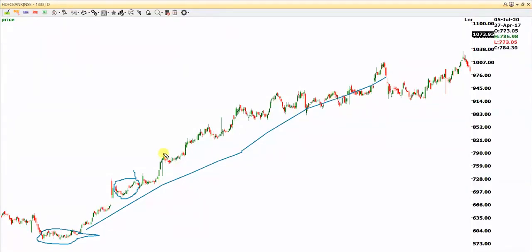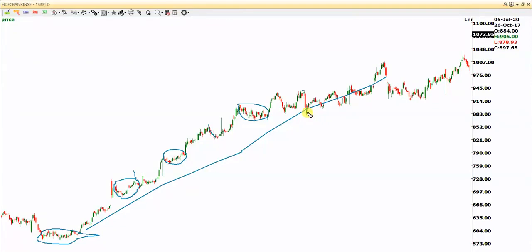So I agree, in between there are small reaccumulations and some retracements, but all these retracements are not big enough to exit your portfolios, right? And this is hardly from 930 to 860, 50 points, not even a 6% correction, right?